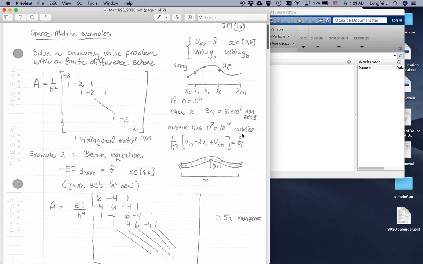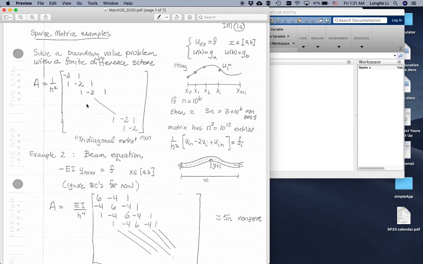If we write this difference equation in matrix form, then the matrix would be -2 on the diagonal, 1 on the diagonal above the main diagonal, and 1 on the diagonal one below the main diagonal.